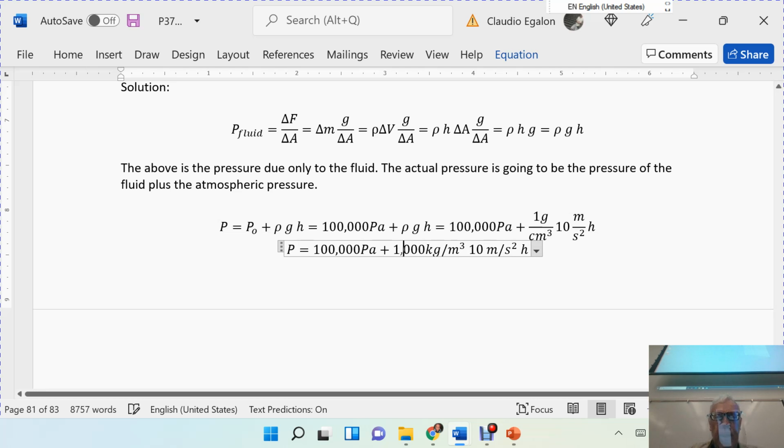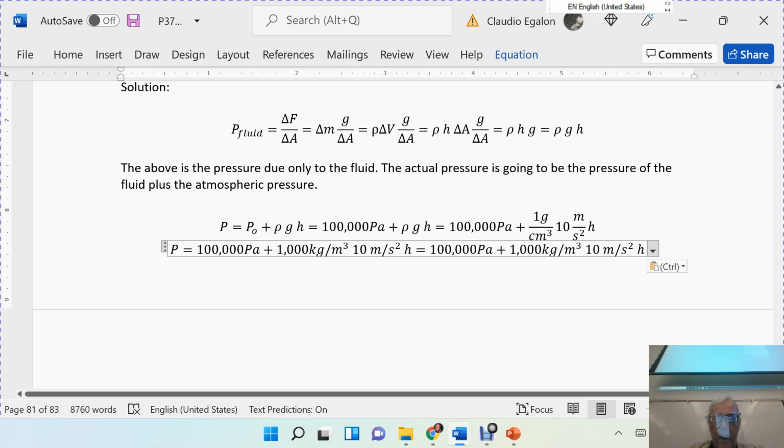And now look what we're getting here. We're getting sort of a round number. The first number is 10 to the fifth Pascal.